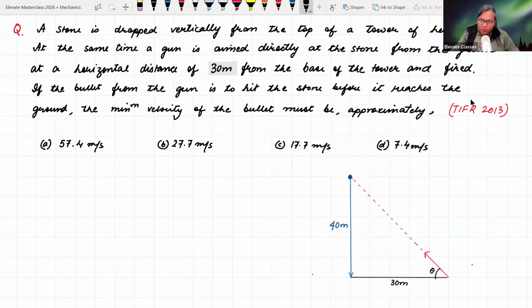Now we are interested in the minimum speed. See what will happen. As the gun is shot, the bullet is not going to travel in a straight line. The bullet will travel in a projectile motion. The stone will fall vertically downwards.